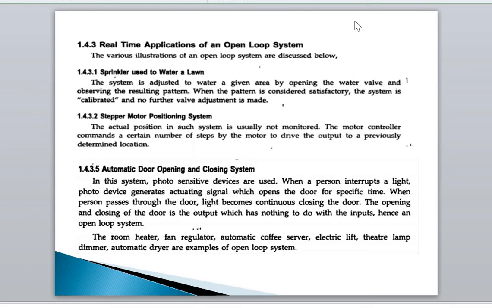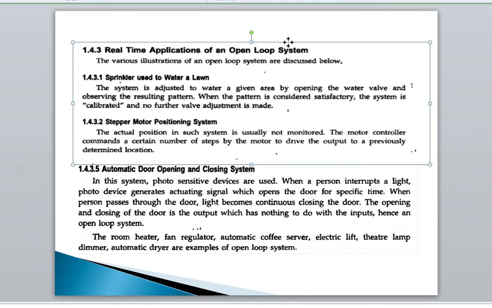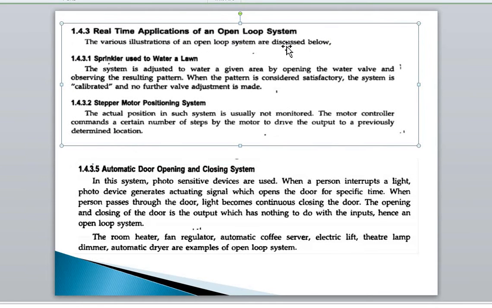The first example is the sprinkler used to water a lawn. The system is adjusted to water a given area by operating the water valve and observing the resulting pattern. When the pattern is considered satisfactory, the system is calibrated and no further valve adjustment is made. We don't make any further valve adjustment.